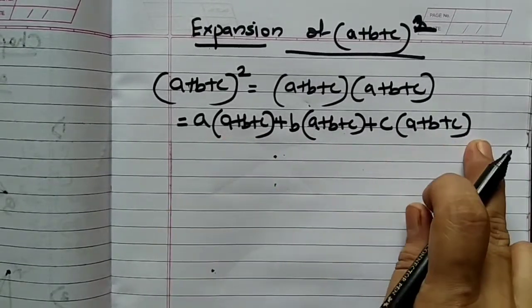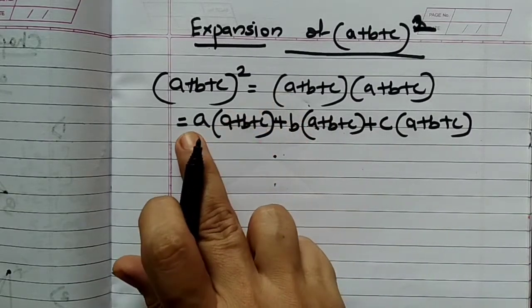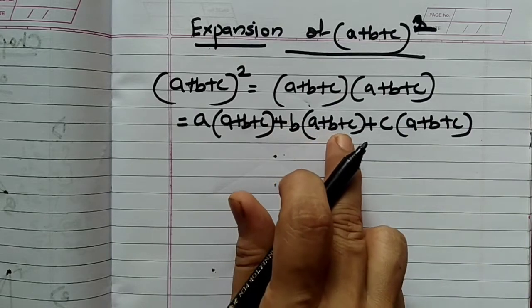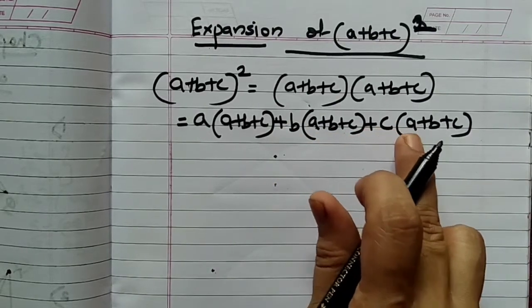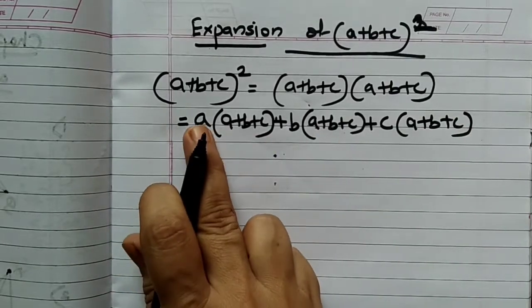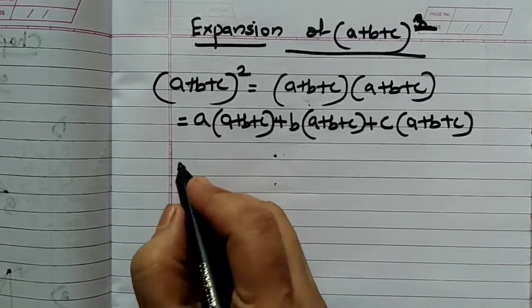I hope you have followed all this. First we multiplied this A to A plus B plus C. Then B to A plus B plus C. Then C to A plus B plus C. Okay, now we'll open the bracket. So A into A, or we'll write it like this.